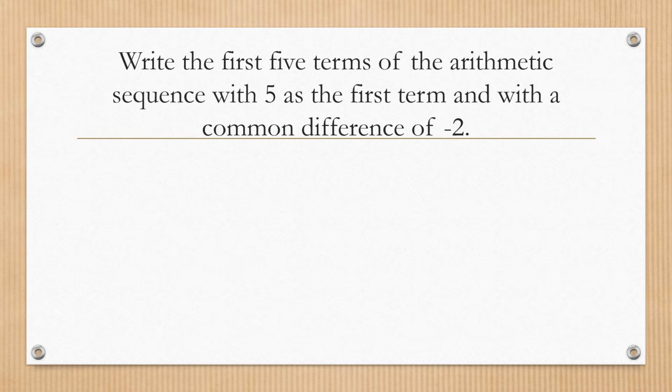Let us deal with this example. Write the first 5 terms of the arithmetic sequence with 5 as the first term and with a common difference of -2. So we begin by writing the first term, which is equal to 5. The second term can be obtained by a sub 1 plus the common difference, which is -2.